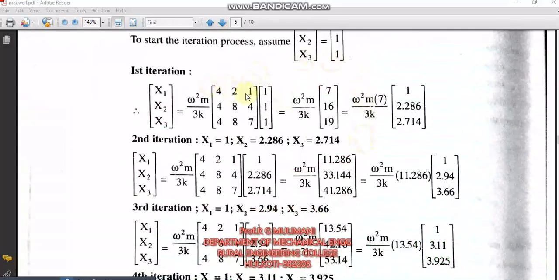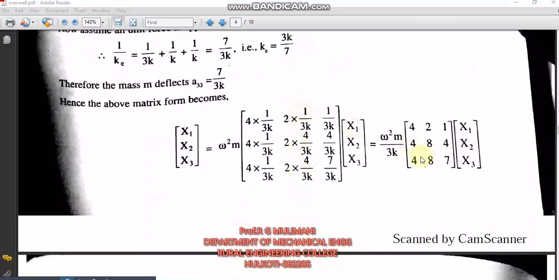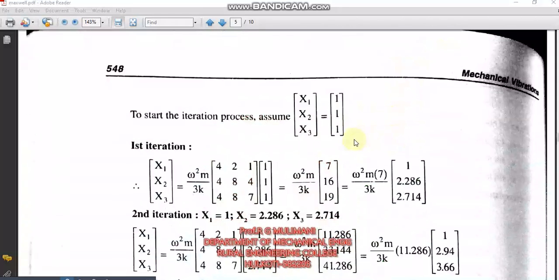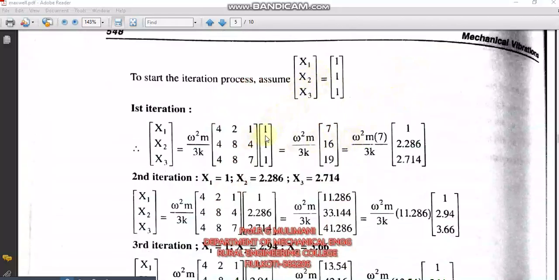Now we have this matrix. For x1, x2, x3, let us assume the initial amplitudes are 1, 1, 1 for the first trial. When it is assumed as 1, 1, 1, the multiplication of these two matrices gives us 7, 16, 19.